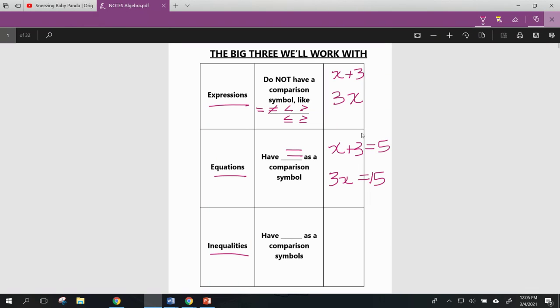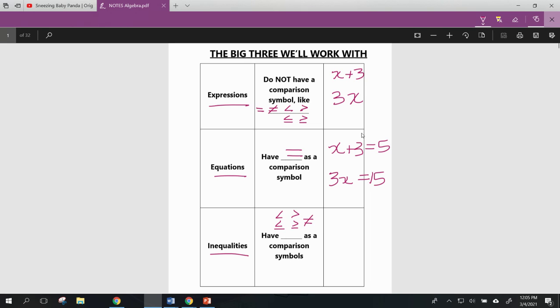And then our last one we're going to work with throughout this unit are inequalities. I want you to think back to elementary school with the alligators. Our inequalities are our less than or equal to symbol, our greater than or equal to symbol, and then of course our not equal to symbol.